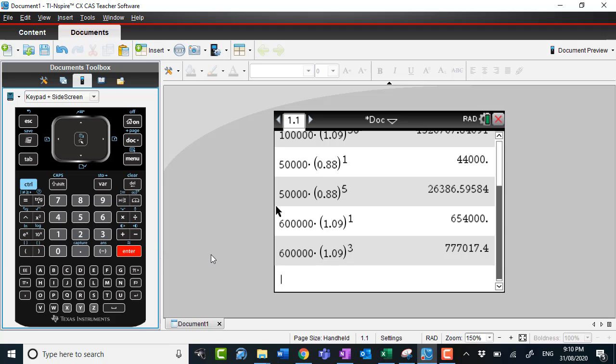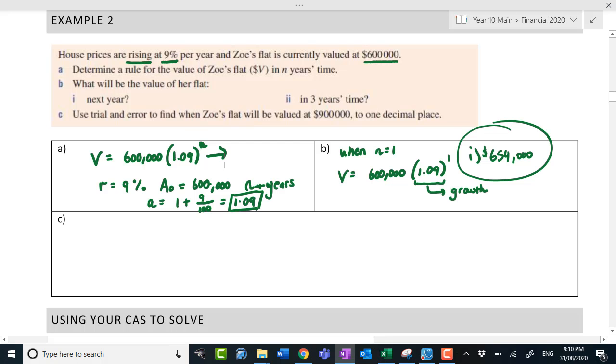And as you can see there, we've got 777, and we're looking at dollars. Let's just round it down. 777,017. So after 3 years, we're going to say that this thing is worth $777,017.